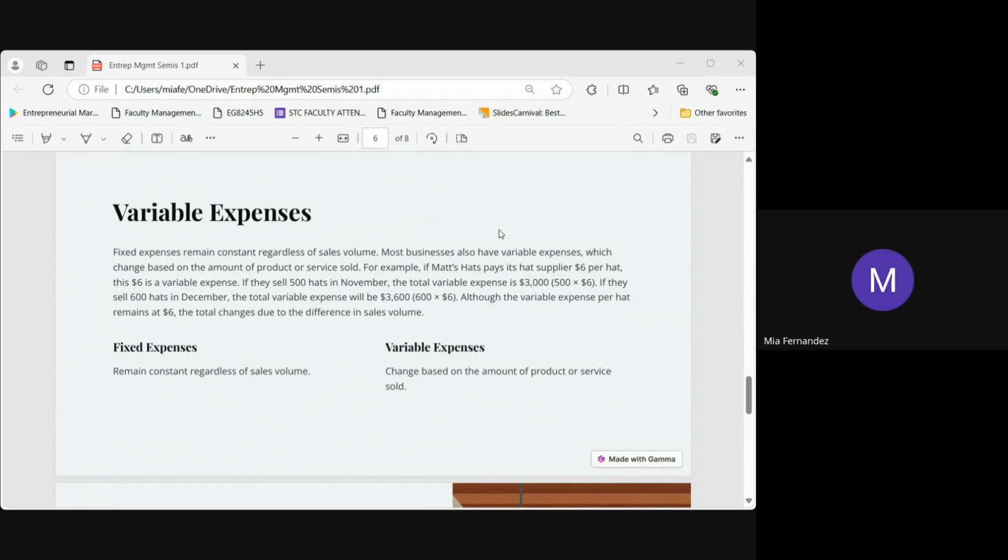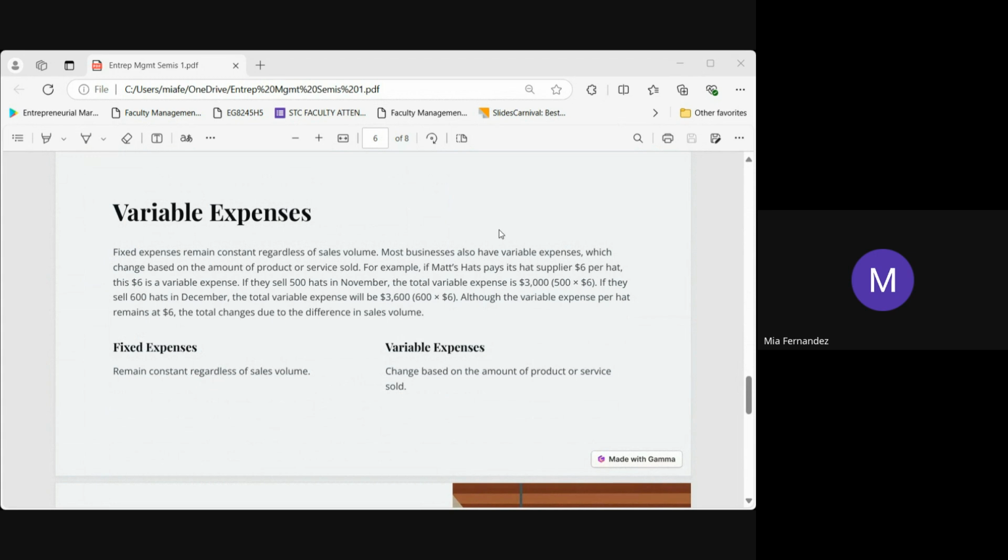Another type is the variable expense. Kung si fixed expense, constant na binabayaran mo regardless of how much you earn, dito sa variable expense, it changes depending on the amount of product or service sold. For example, if Matt's Hats pays its hat supplier $6 per hat, this $6 is a variable expense.